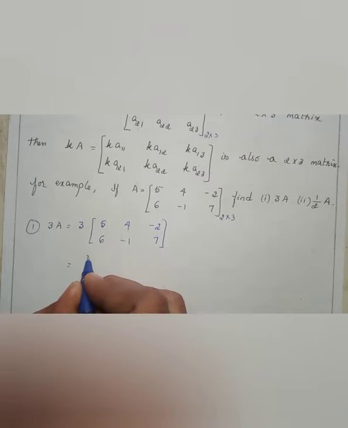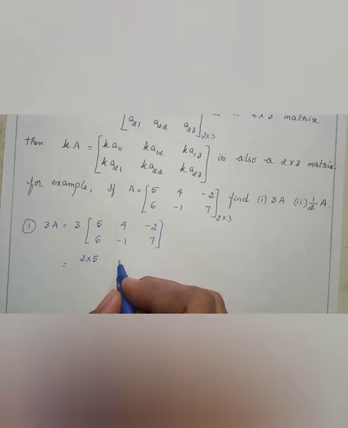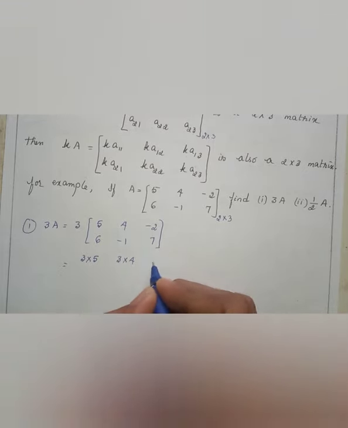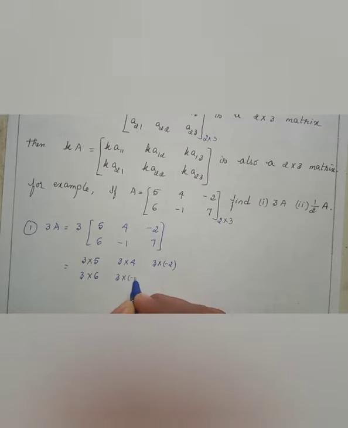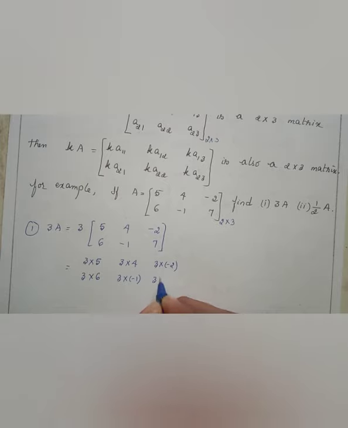Multiply each entry by the constant 3: 3 into 5, 3 into 4, 3 into minus 2, 3 into 6, 3 into minus 1, 3 into 7.